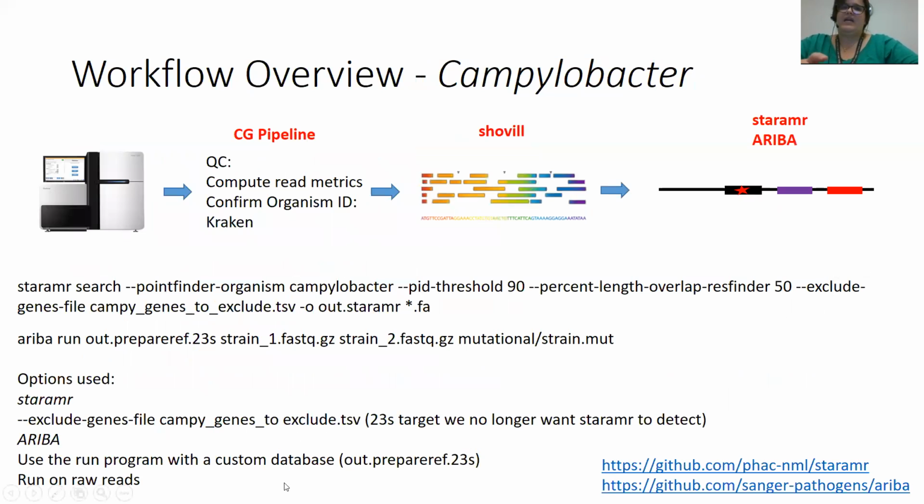And then we created a custom database in Ariba that includes the same reference 23S gene that's in the PointFinder schematic. And we run this on raw reads and are able to pull out our mutation of interest with high accuracy. So very much similar to our approach with Salmonella, but a few small tweaks, and this change should detect these multi-copy genes with a reads-based approach.